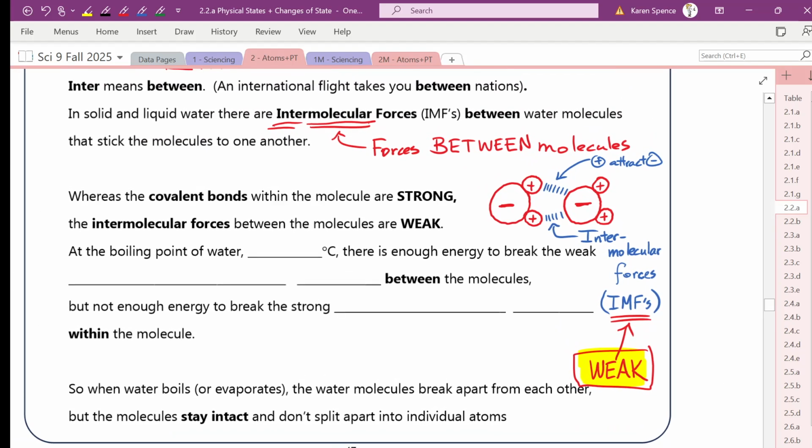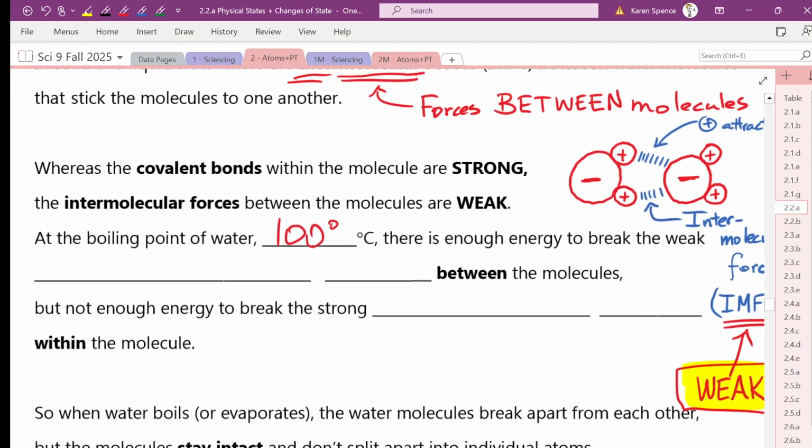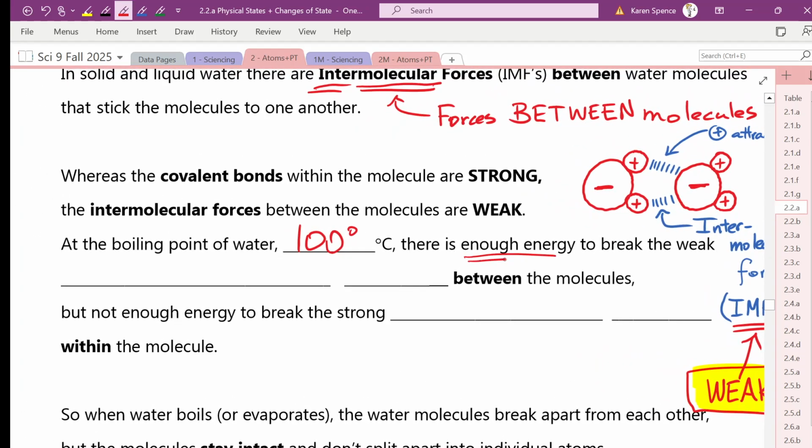So at the boiling point of water, what is the boiling point of water? Do you guys know? 100 degrees, yes. There is enough energy to break the weak what? What do we call them? Intermolecular forces, yes.